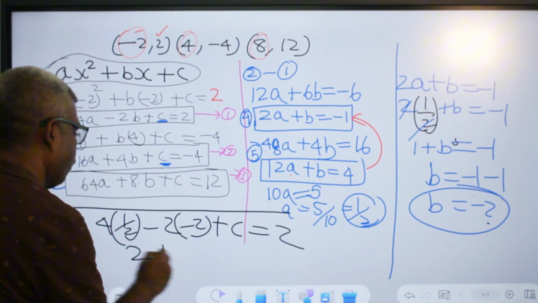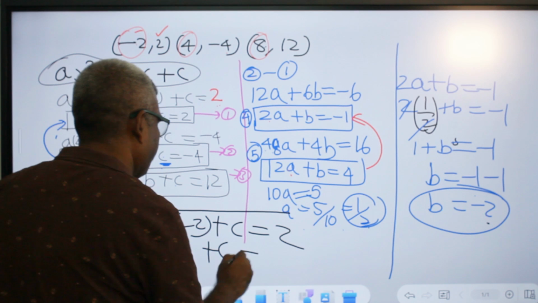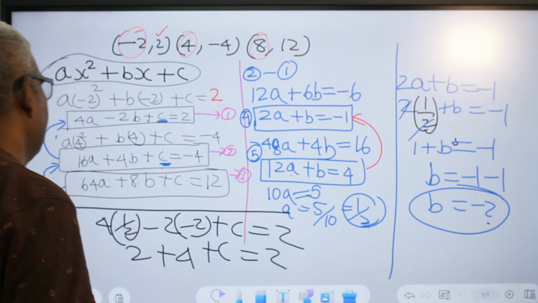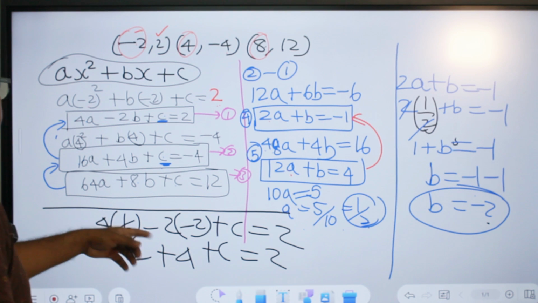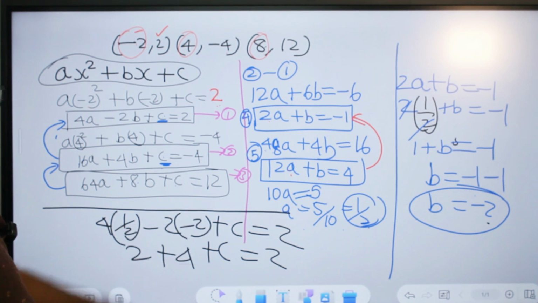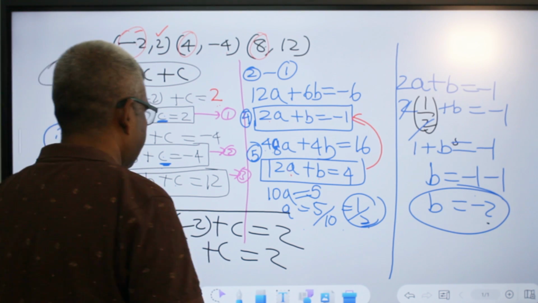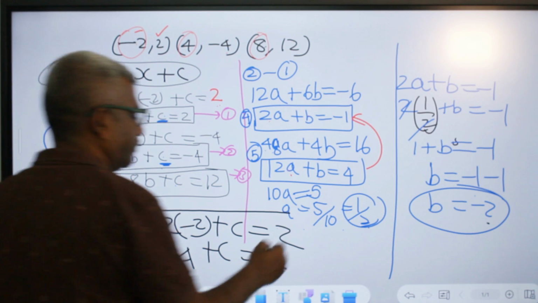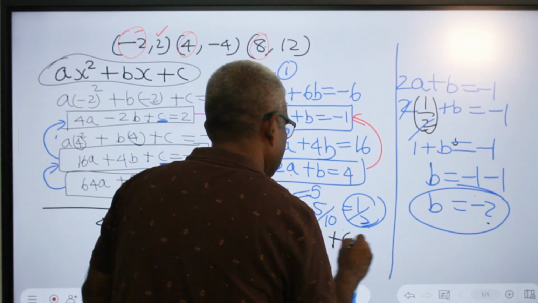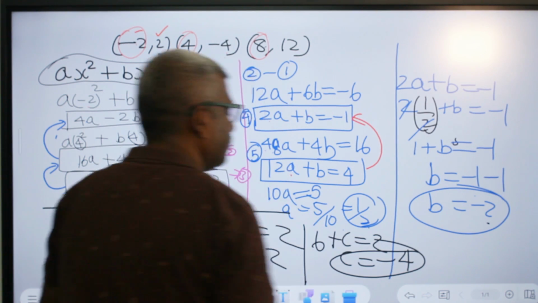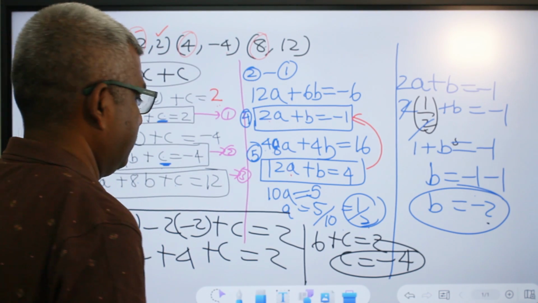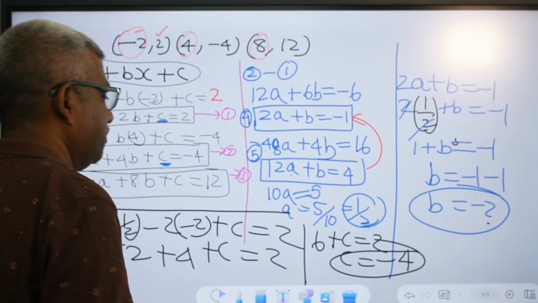So 2 plus 4 plus c is equal to 2. 6 plus c is equal to 2. c is equal to minus 4. Okay. c is equal to minus 4.